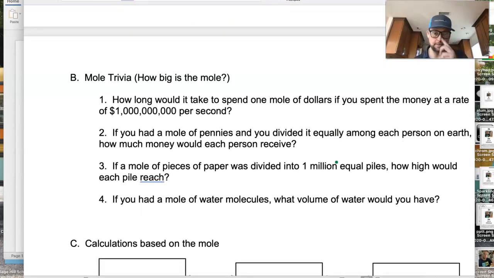So these are kind of fun. How long would it take to spend 1 mole of dollars? I think this is somewhere around 19 million years. I'll go through the math on a couple of these, but if you just think about how to do it, if you spent $1 billion per second, and then we figured out, well, how much is a mole of dollars? So 6.02 times 10 to the 23rd dollars.